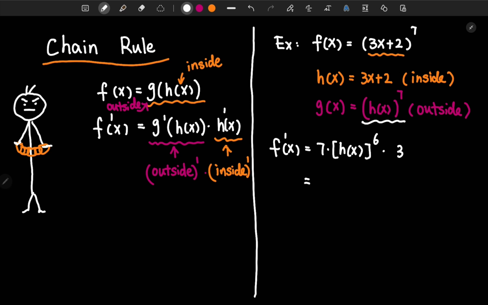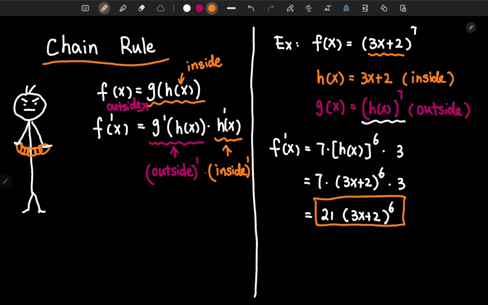So now let's plug in our h of x, which is 7 times 3x plus 2 to the 6th power times 3. We can combine the constants, and we get 21 times 3x plus 2 to the 6th power. And that is the answer for this question.